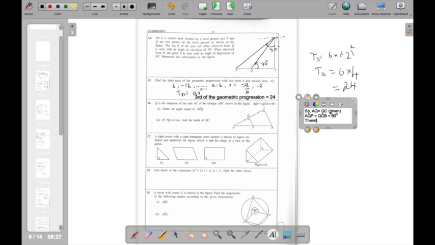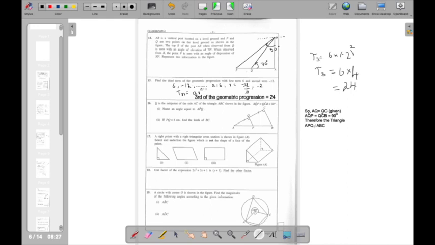Therefore triangle APQ is congruent to triangle ABC according to theory of RHS, right?